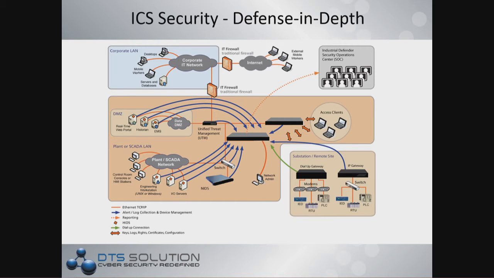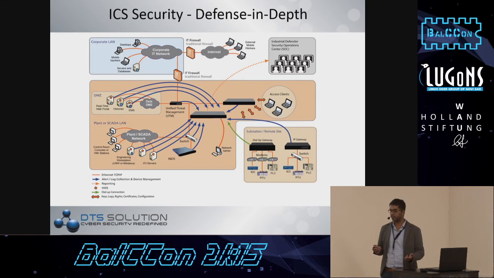So having a firewall at the corporate level, having a firewall, UTM device or industrial grade firewall at the layer 3 level, layer 2 level, implementing endpoint security, not only from an antivirus perspective, but data leakage perspective.